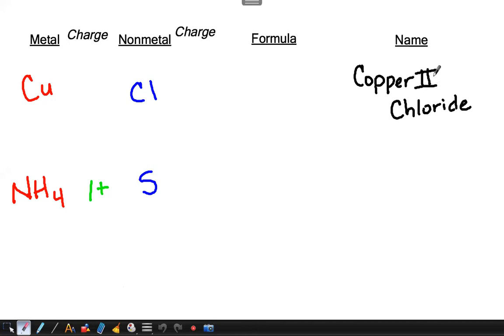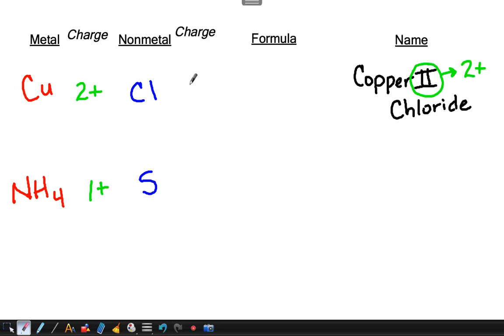Copper falls into the transition elements, and some of those, of course, we said have what we call multiple oxidation states, or they can have multiple charges. And so we will use this Roman numeral to indicate the charge. That Roman numeral tells you, in this case, that copper is a 2+. That's what it is indicating. That's what the Roman numeral says. So for my charge for copper, I can go ahead and write in a 2+.